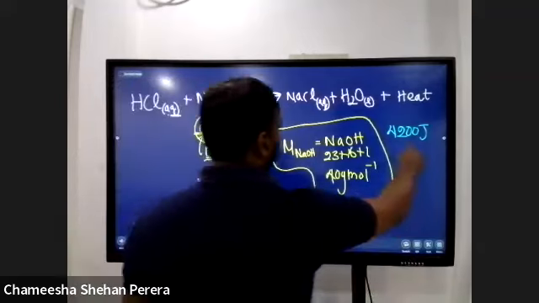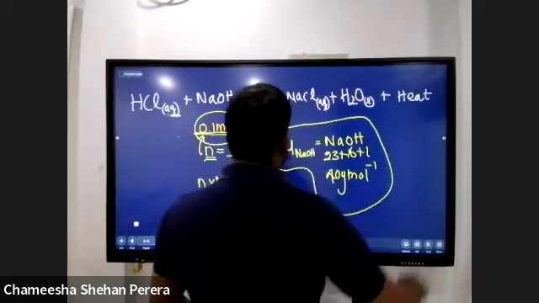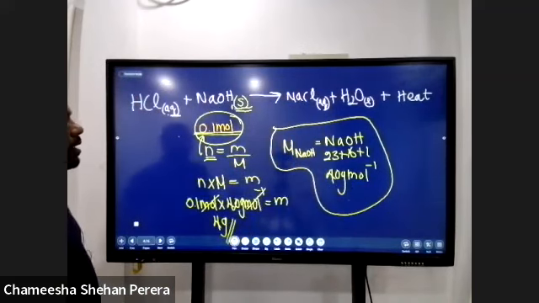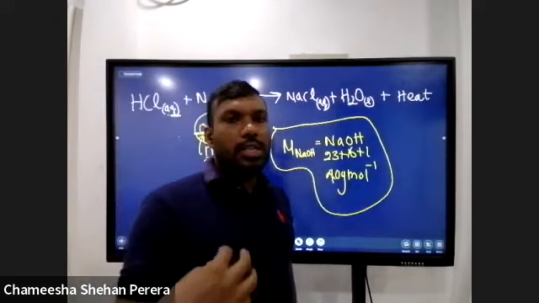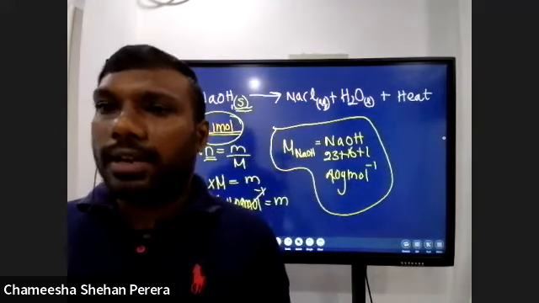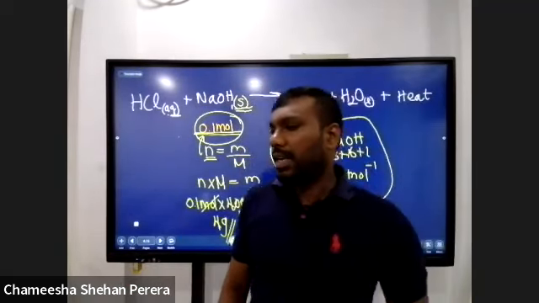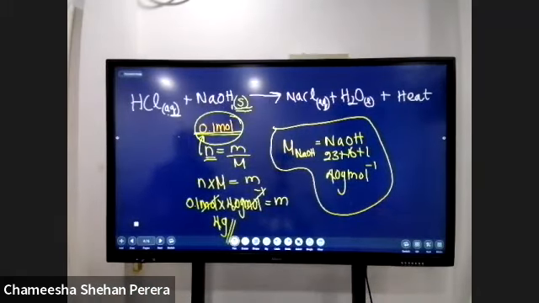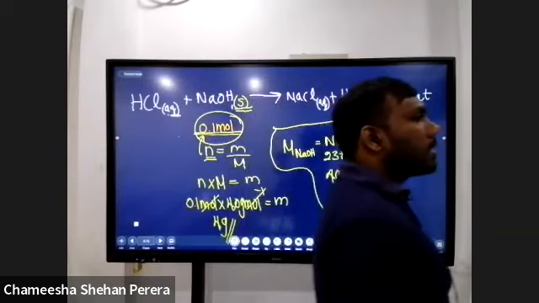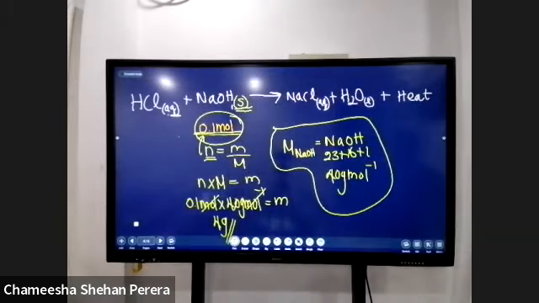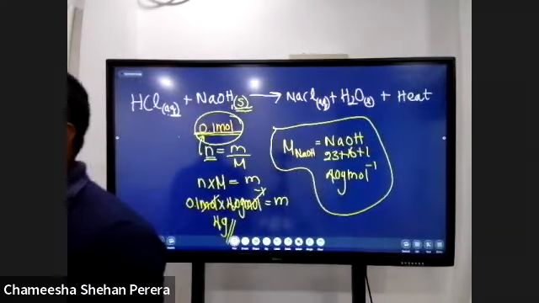Next one: the amount of solid sodium hydroxide needed to add 0.1 moles of sodium hydroxide can be calculated as below.